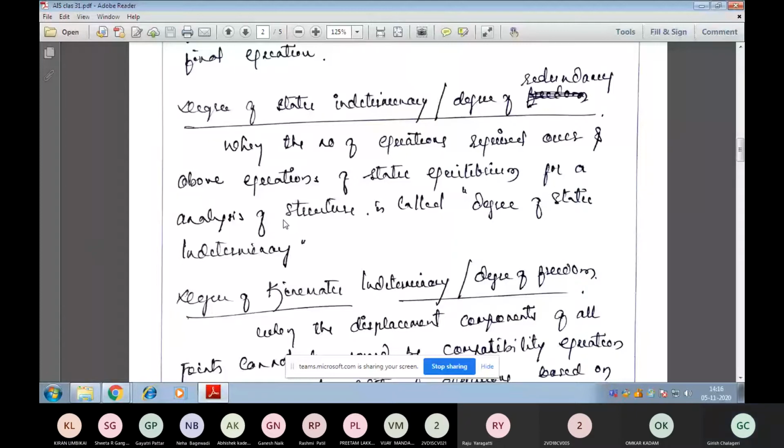If you take any problem where the unknowns are 5 and the equations of equilibrium are 3, then 5 minus 3, that is 2, is the degree of redundancy of that structure, or the degree of static indeterminacy. A simple equation.